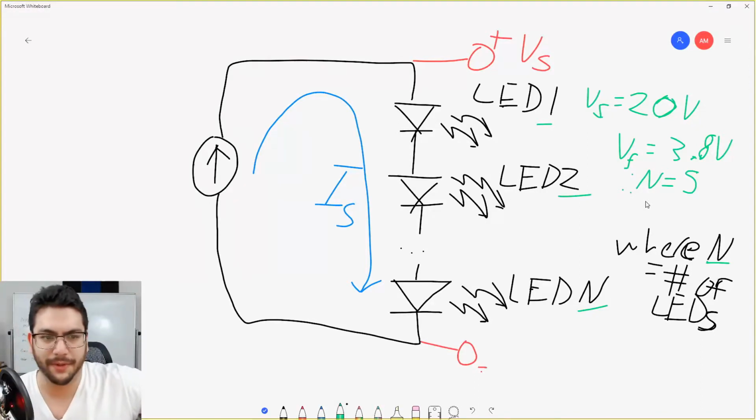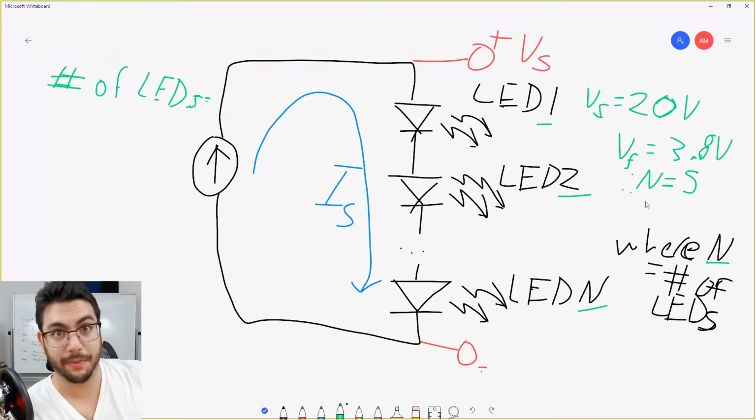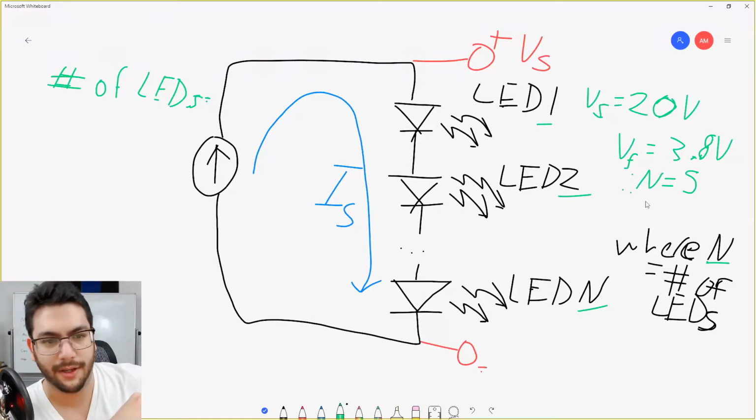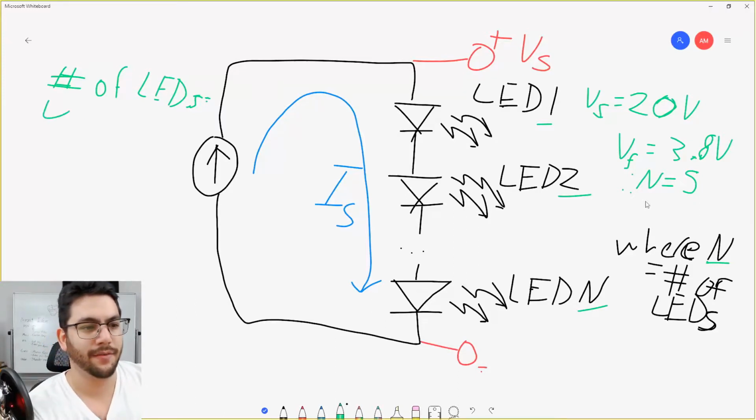I don't know if that's really realistic, but if I do the quick math here, number of LEDs, because remember, this is RGB, and there is a white in there as well. Don't know if I'm going to use the white or not, but there are up to four LEDs per pixel.